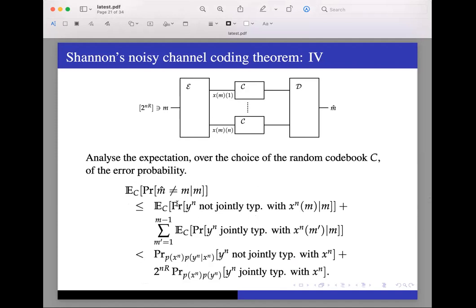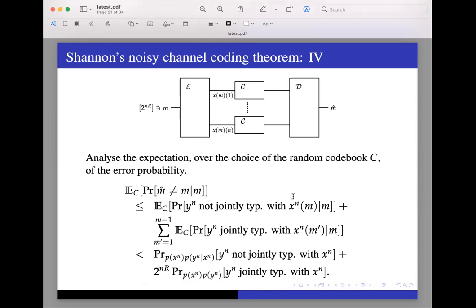Okay, so we were here. We had this union bound out here. And now I'm going to further upper bound it. Let us look at the first term. What is the probability that yn is not jointly typical with the transmitted code word? I'm taking the expectation of this probability over the choice of the random code book.